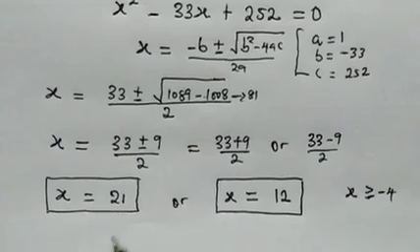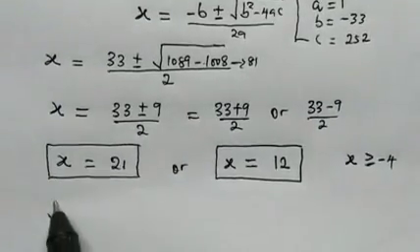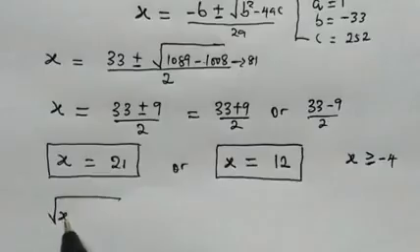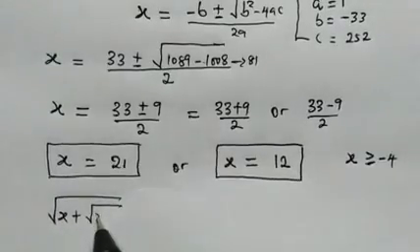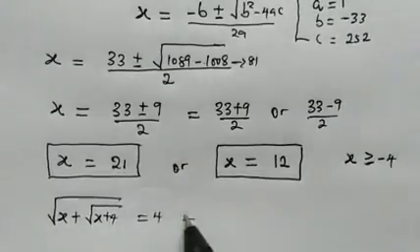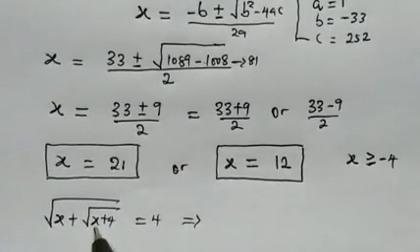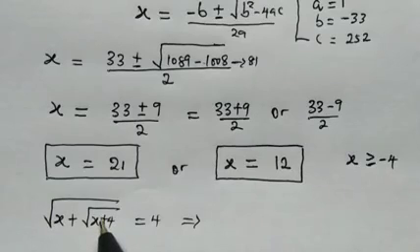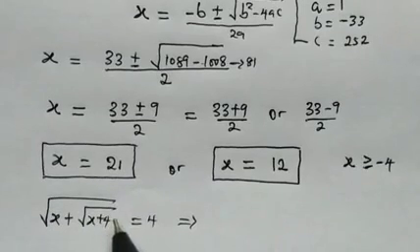If you plug in 21, remember we have the square root of x plus the square root of x plus 4, and this must be equal to 4, right? So if you plug in 21, 21 plus 4 is 25, and root of 25 will give us 5. And here is 21 plus 5, which is 26, and root of 26 is not equal to 4.